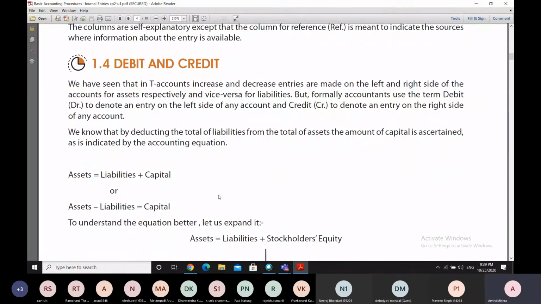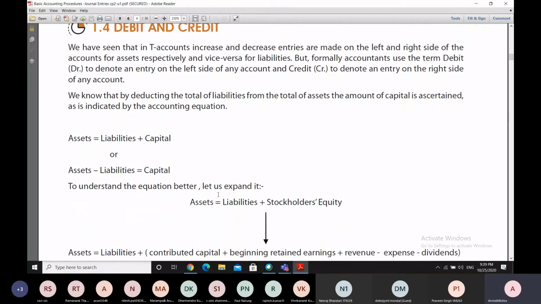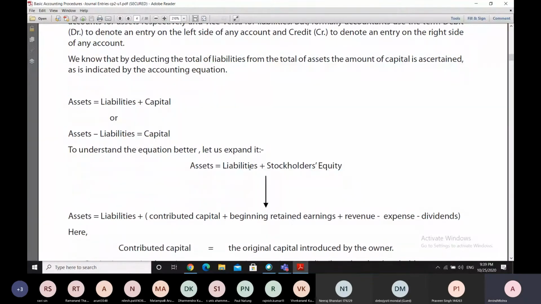And to understand this equation better, you can also write it like this, that assets will be equal to liabilities plus the stockholders' equity, which is the capital, in case of the company. Or if you want to become more descriptive, we can say assets will be equal to liabilities and stockholders' equity, instead of that, we can say the contributed capital plus the beginning retained earnings plus revenue minus expenses minus dividends.